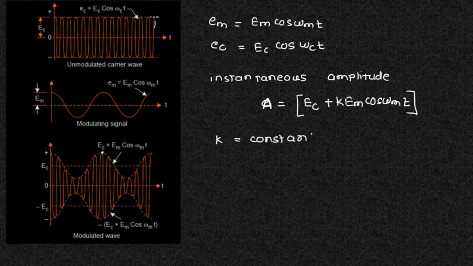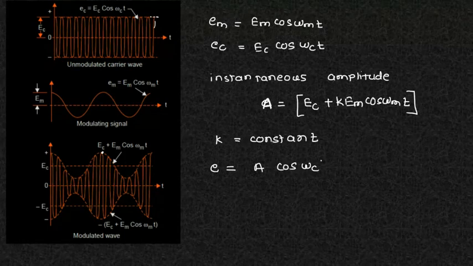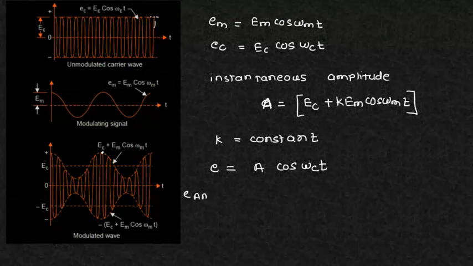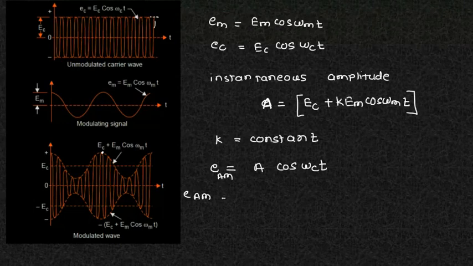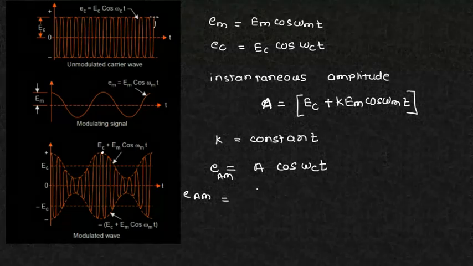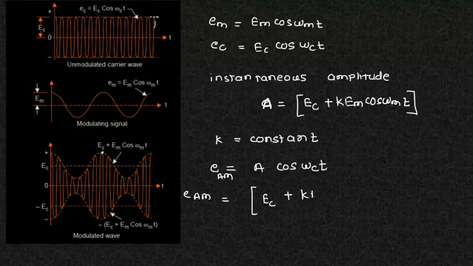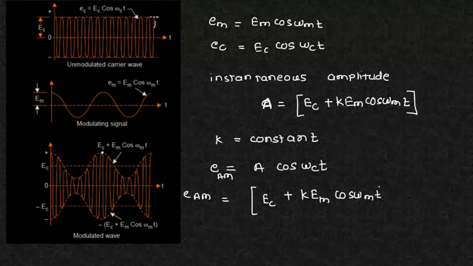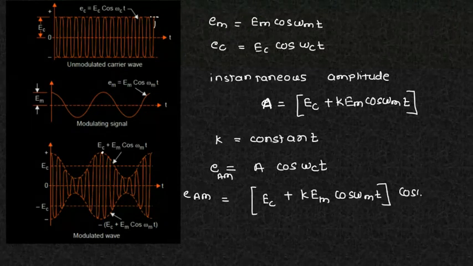Now what will be my amplitude modulated waveform? This is E, which is A cos omega ct. A you have already written, so I'll put all these things together. E_AM, that is the amplitude modulated waveform, is equal to Ec plus K Em cos omega mt, which is multiplied with cos omega ct.